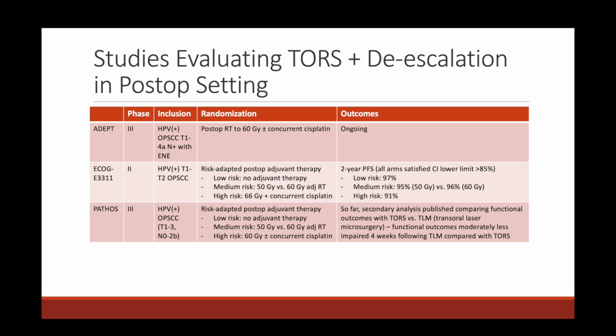And if they're high risk, they get 66 gray with concurrent cisplatin, which is still the standard of care. This trial was promising because it was a phase 2 trial and showed that all of their arms satisfied their pre-specified endpoint, which was having the lower limit of their confidence interval over 85%.